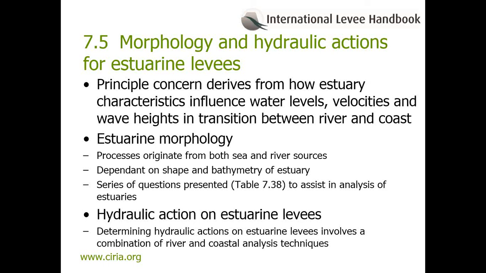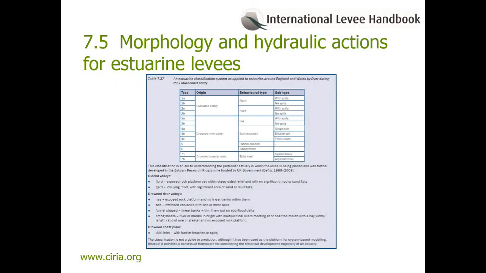Coastal and river analysis techniques are combined to determine the required loads. This is a complex analysis that requires use of a joint probability technique. Tables are presented in section 7.5 that assist in the characterization and analysis of estuaries.